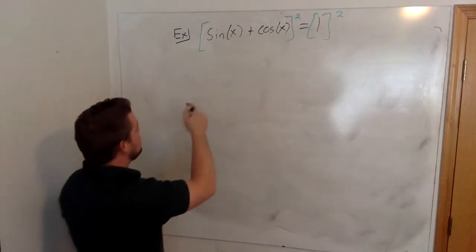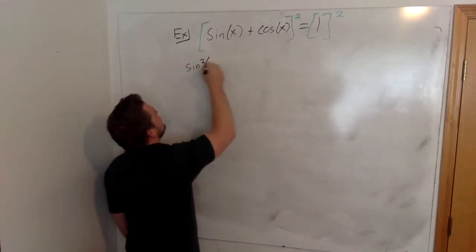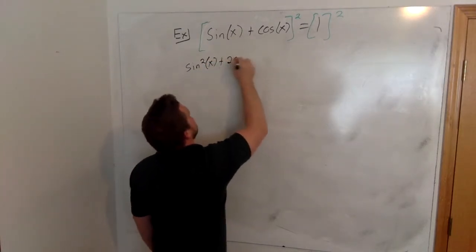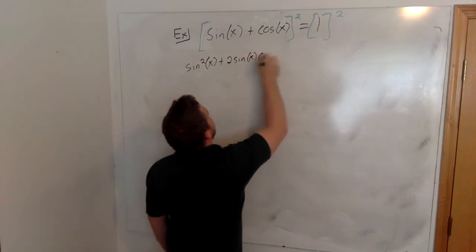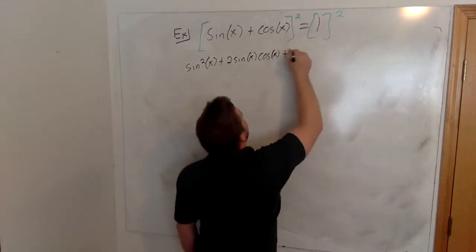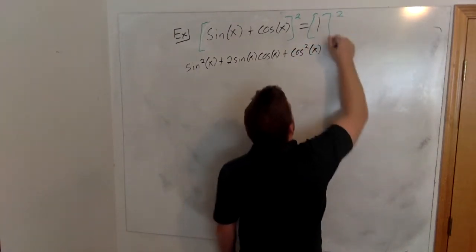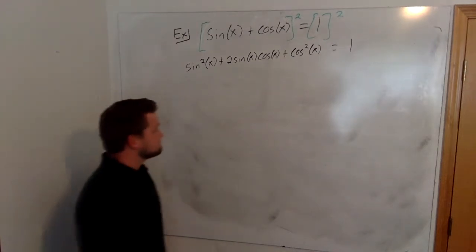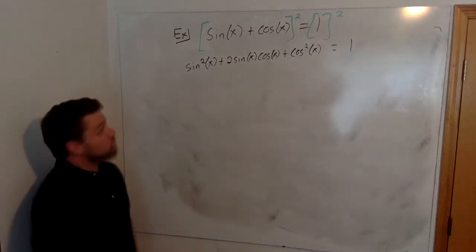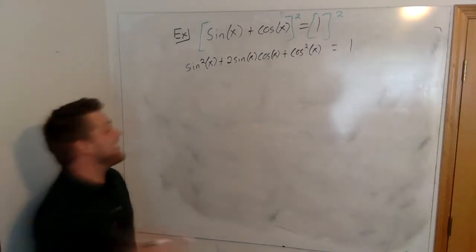If we expand the left-hand side, we'll get a sine squared of x plus a 2 sine of x cosine of x from the O and the I in FOIL, plus a cosine squared of x, and that's all going to be equal to 1 squared, or just 1. Well, right off the bat, let's notice that the Pythagorean identity is yelling at us.